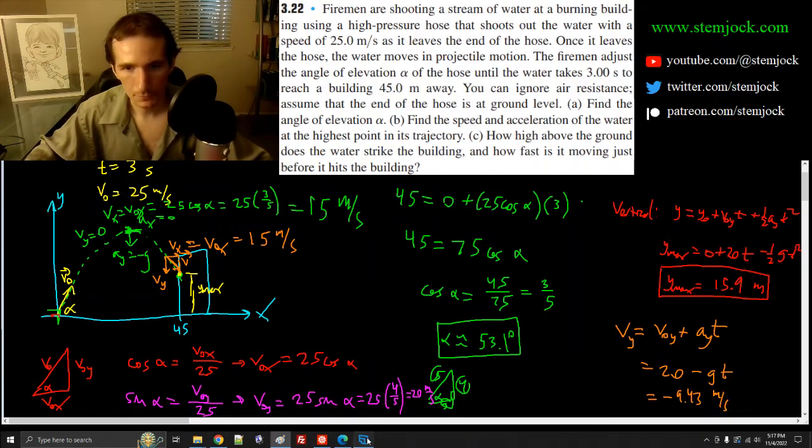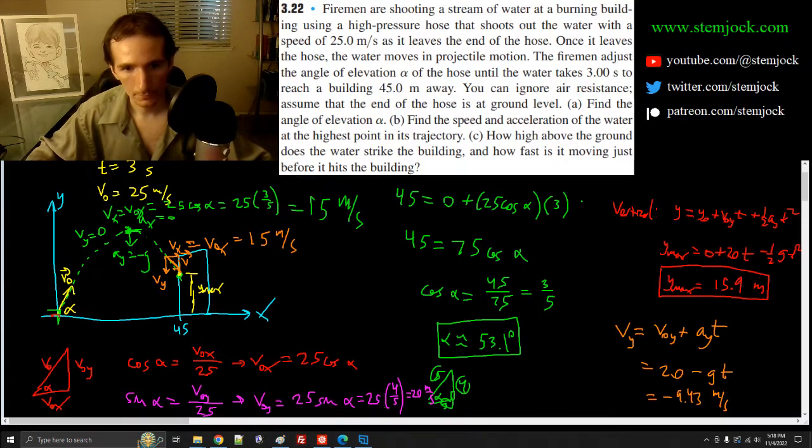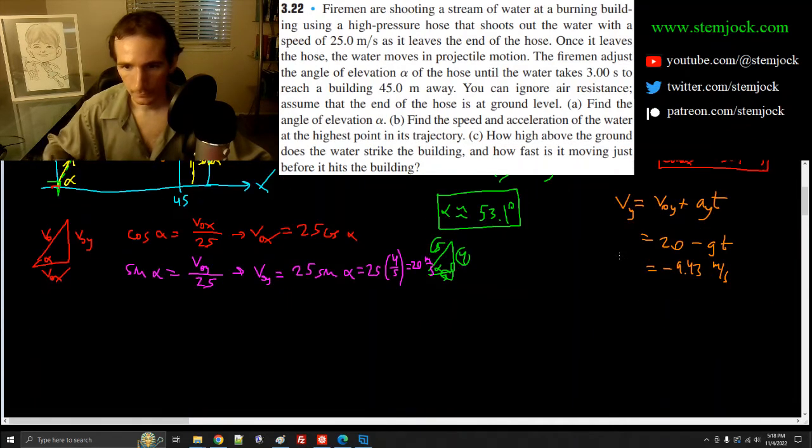Let's see, the question is asking how high above the ground does the water strike, how fast is it moving just before, right, so they want the speed. That's going to be the magnitude of this final velocity vector. So this here is V, this here is Vy, and this here is Vx.